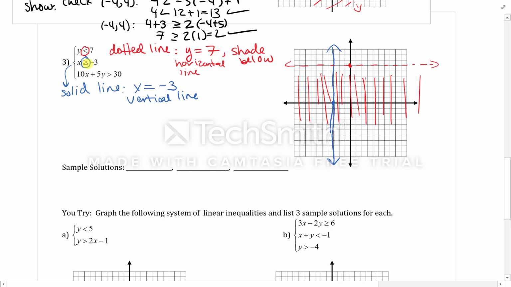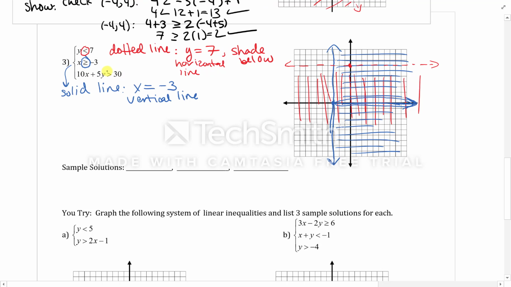And then I'm going to shade everything to the right of that value, because I want to shade values that are greater than negative 3, which for x would be located on the right-hand side of the x-axis, right? These are all x values that are greater than negative 3, so I would be shading to the right.